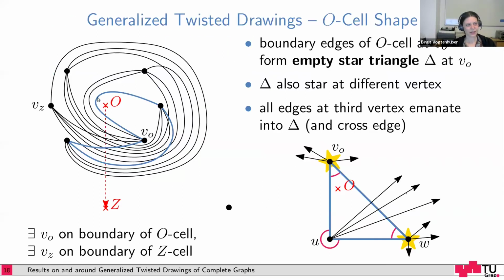Further, if we look at the cell that contains our curve endpoint O, then this cell can be shown to have very special properties, especially if we look at an incident vertex of that cell, like VO here, then the triangle spanned by the 2 incident edges of VO that bound the cell and the third edge that connects those two destination vertices clearly is a star triangle at VO, but in addition, it's an empty triangle.